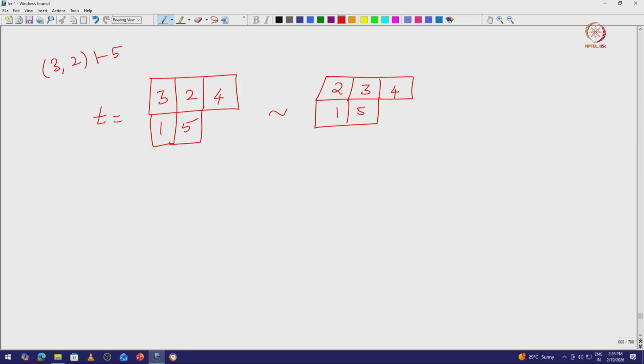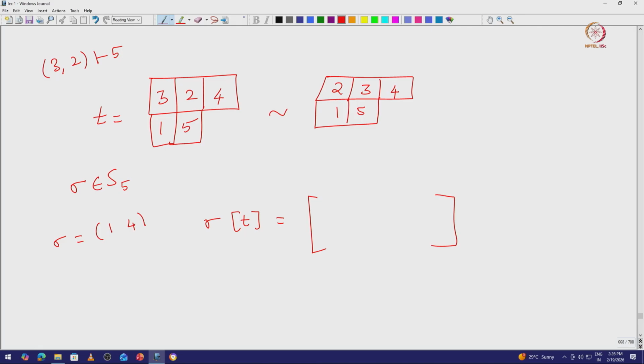Now if I take some sigma from S5, for example sigma equal to the transposition (1 4), the way this sigma acts on this class is entry-wise.